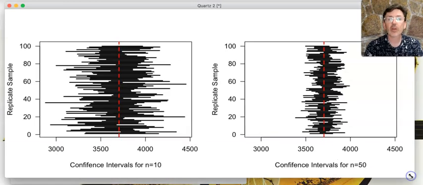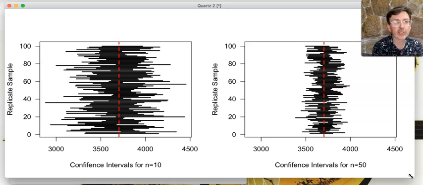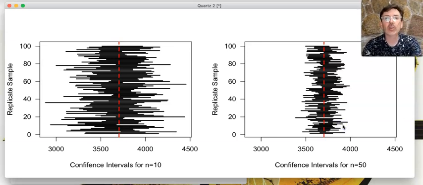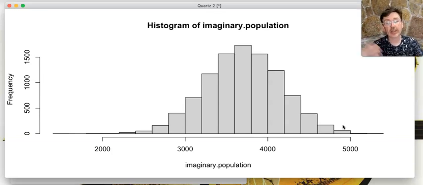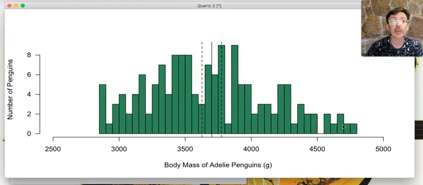Now, one thing that is a little bit frustrating about all of this is that we don't have the capacity to go back and collect a sample of 10,000, or do a study 100 times. We are limited by the data that we have.